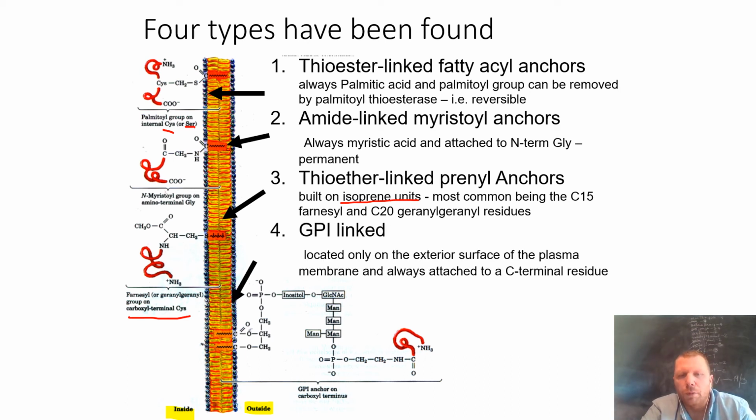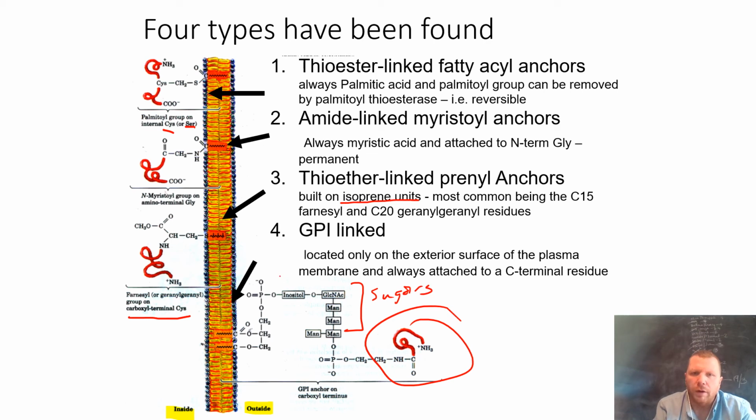Our last group are these GPI-linked proteins, where, as we saw on the previous slide, we have our protein, then these sugars, our inositol group, and then the phosphatidylethanolamine, or phosphatidylcholine. Then we have all of these sugars, our inositol head group, and the phosphate, and this right here is our glycerophospholipid.